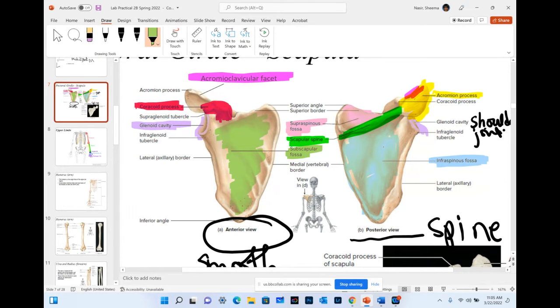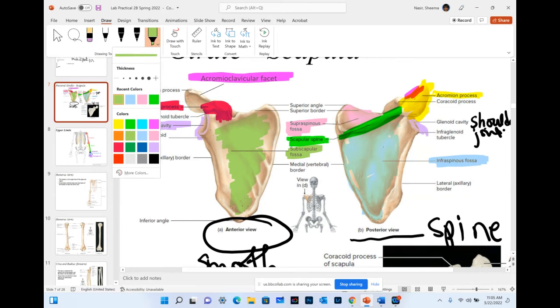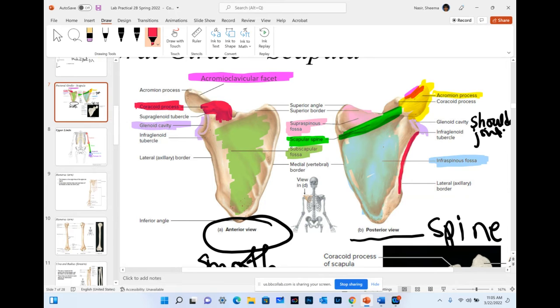Now we are going to look for the borders. So what are the borders? Let me show you now. This border is called lateral border. Why? Because this is where your arm is going to be attached, and this is close to your axilla.